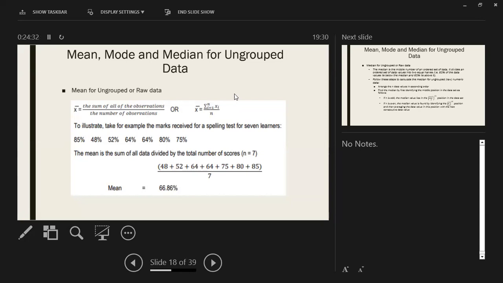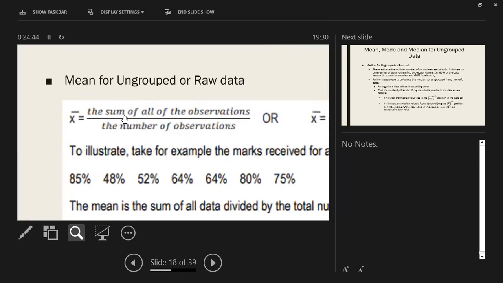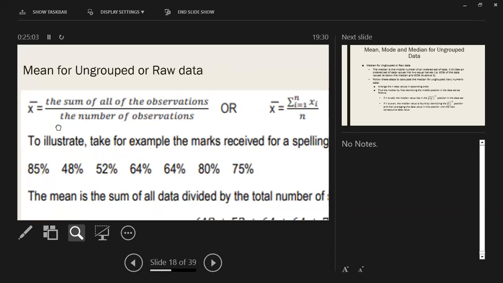All right, so now let's start by calculating the mean for ungrouped data. When you are dealing with ungrouped data, like what we were doing in that assignment, you use the formula X bar, or mean, which is equal to the sum of all the observations. You add all the various observations that you have been given, divided by the number of observations, right?